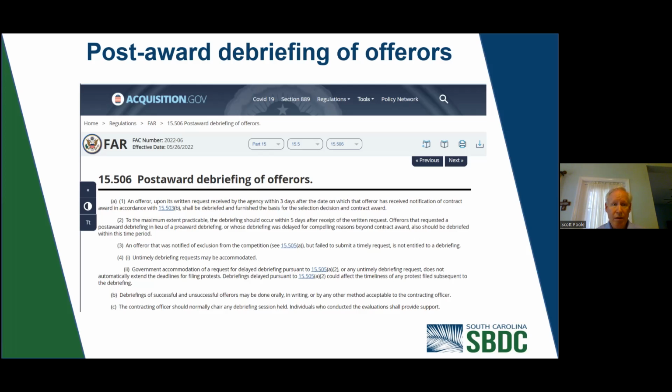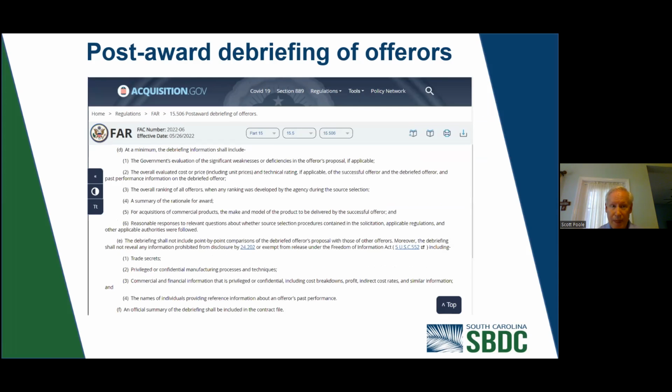You might have a phone call, a Zoom meeting, or it might be in writing, or any other method acceptable to the contracting officer. So the contracting officer should normally chair any debriefing session held. And individuals that helped out with the evaluation should provide support as well to this debriefing.